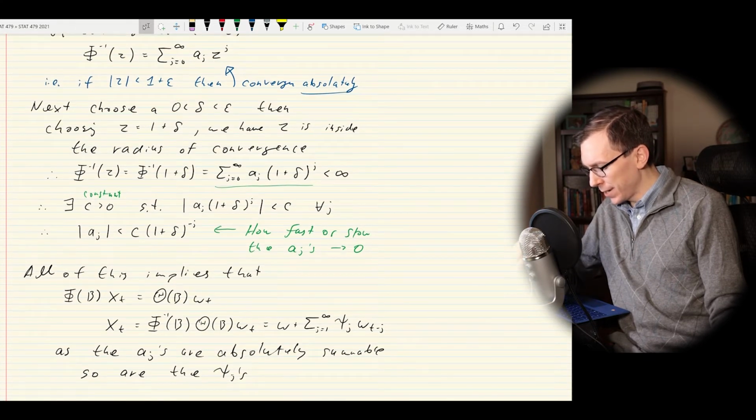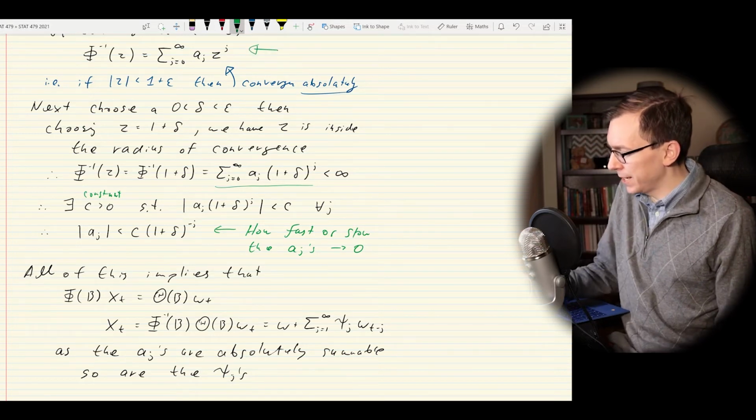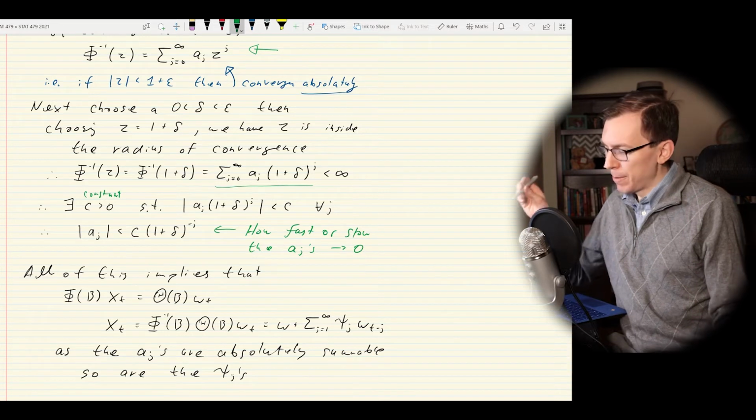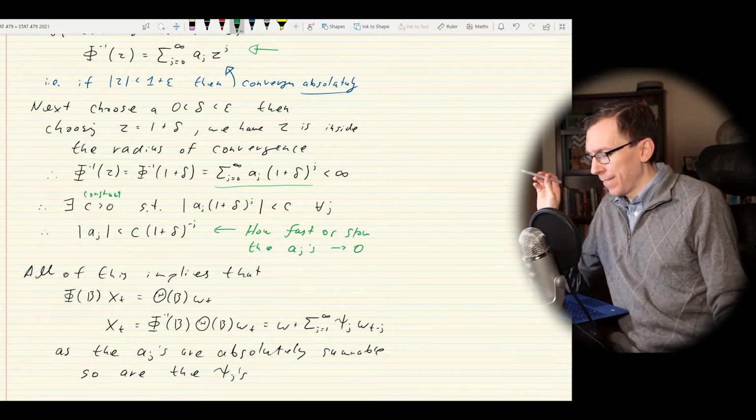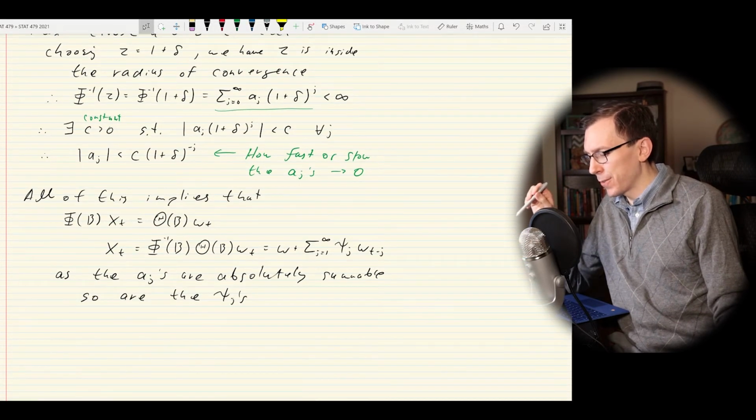Because if we go all the way back to the beginning, the a_j's at the top of the screen here are going to be the coefficients for phi inverse.